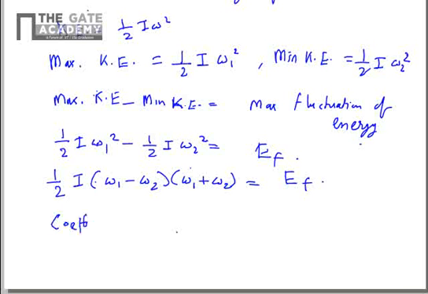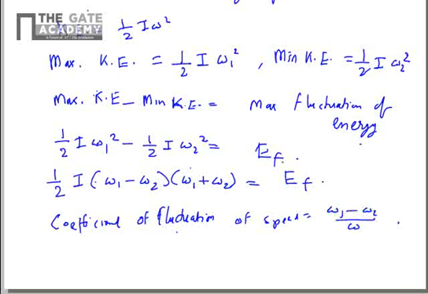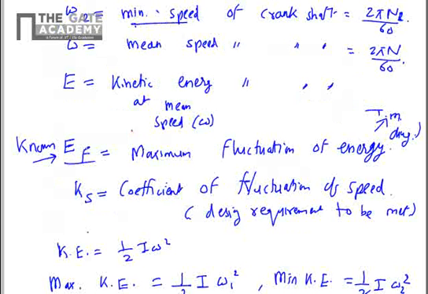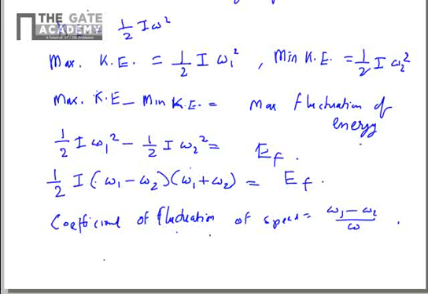So here you have the definition for coefficient of fluctuation of speed, which is omega 1 minus omega 2 divided by omega. We have defined it here as Ks. This is also a specified quantity from the design engineer.